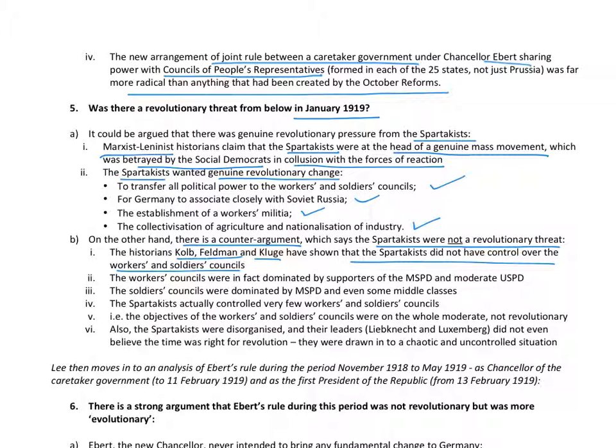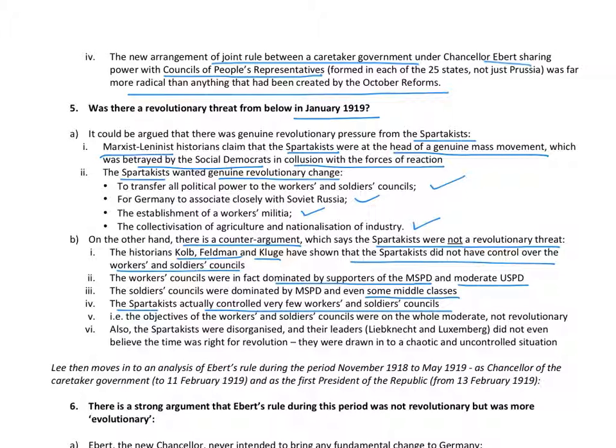Why not? Because they were dominated by members of the moderate SPD and also the USPD, which was also not fully revolutionary. The Soviets even included some middle classes. Okay, the Spartacists, who were revolutionary in their intentions, actually did not really control the Soviets.